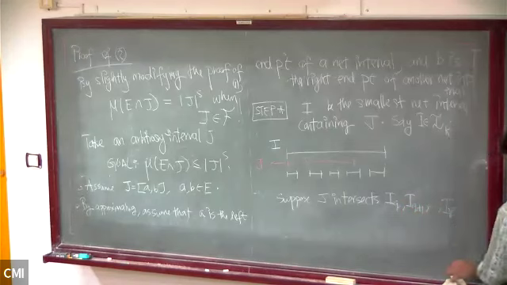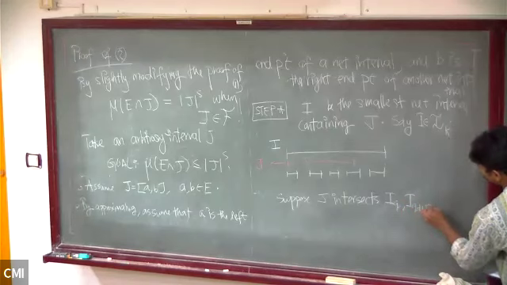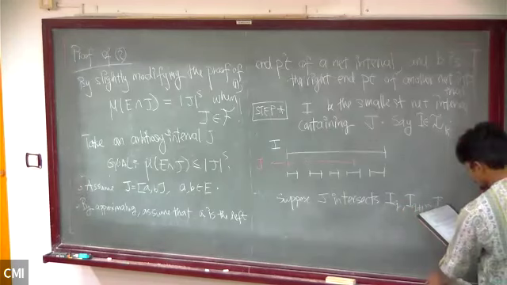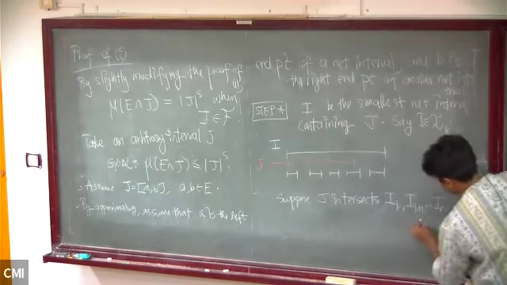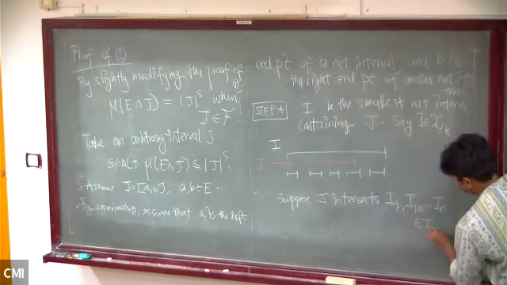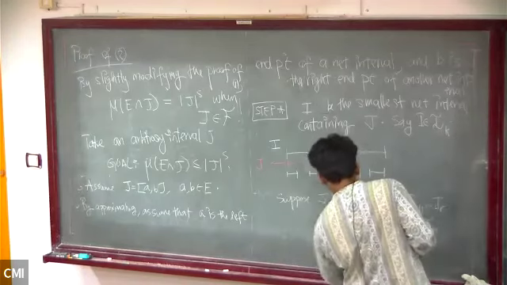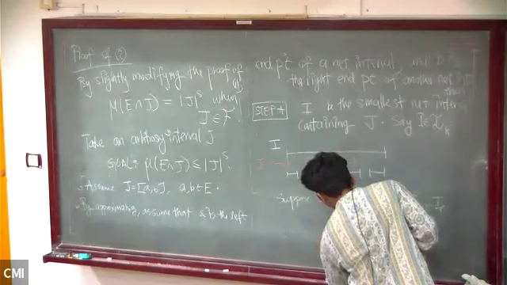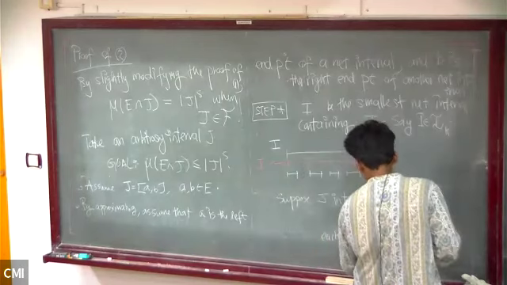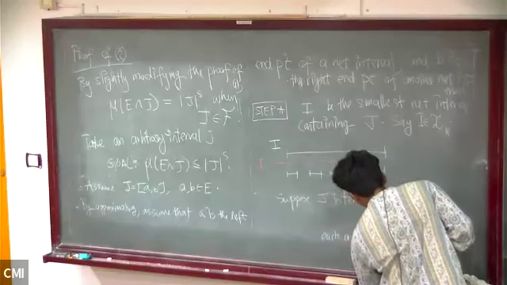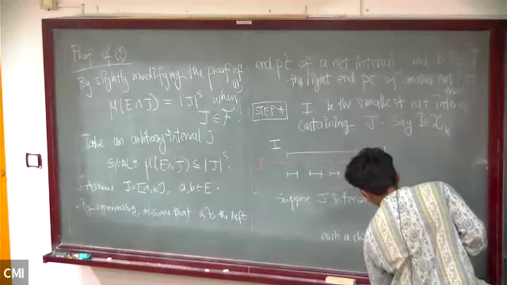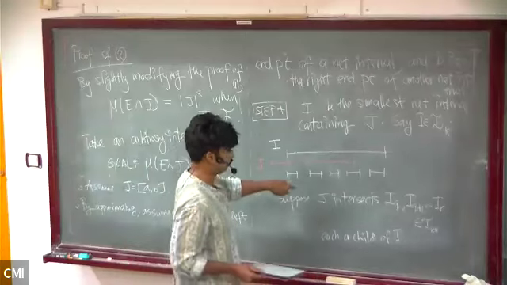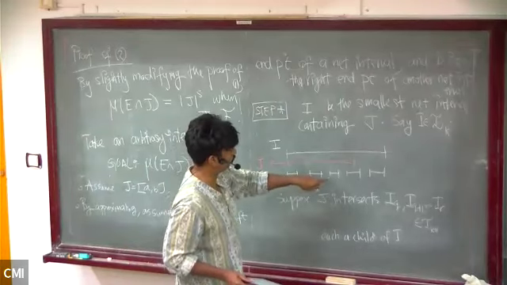All of these intervals are members of the k plus 1 level net intervals, sorry, and all of them are children of I. Each a child of I. So this is going to be IQ, IQ plus 1, and this is IR.